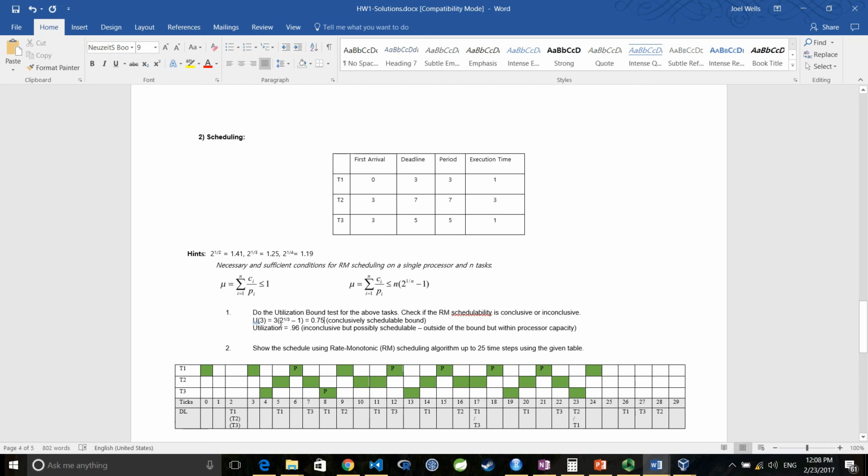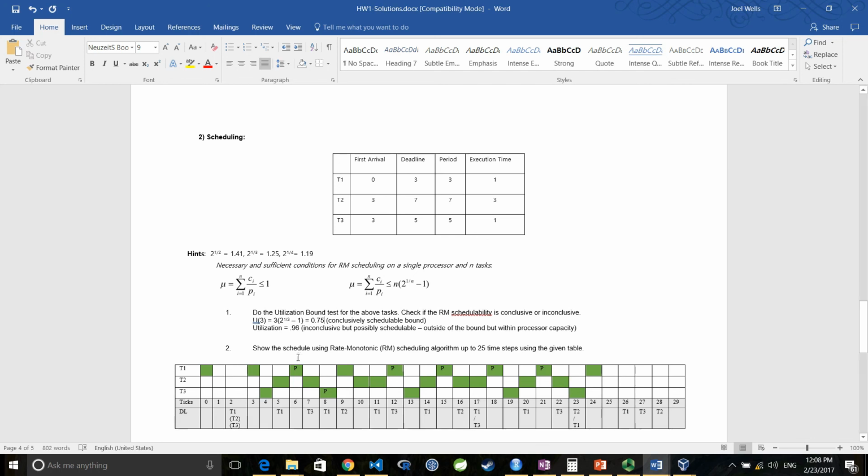So this comes out to 3 times 1.25 minus 1, or 0.75. If you actually did the math, it would be slightly different, but I'll take either answer. I thought it was easier to have a rough approximation for purposes of this question already in your homework. You'd be conclusively schedulable if you were less than or equal to that bound.